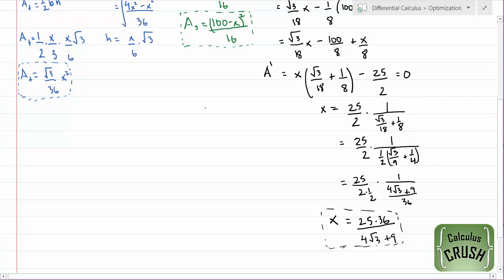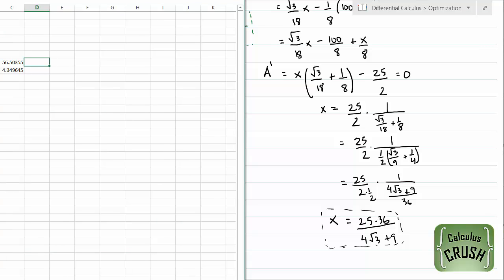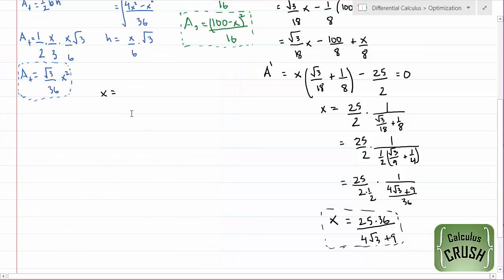So I've gone down too far here. I'm going to rewrite this expression. And I've actually already used a calculator to figure out this answer. And I'm going to use that. So x is equal to 56.5. Okay, this value here is just 56.5.